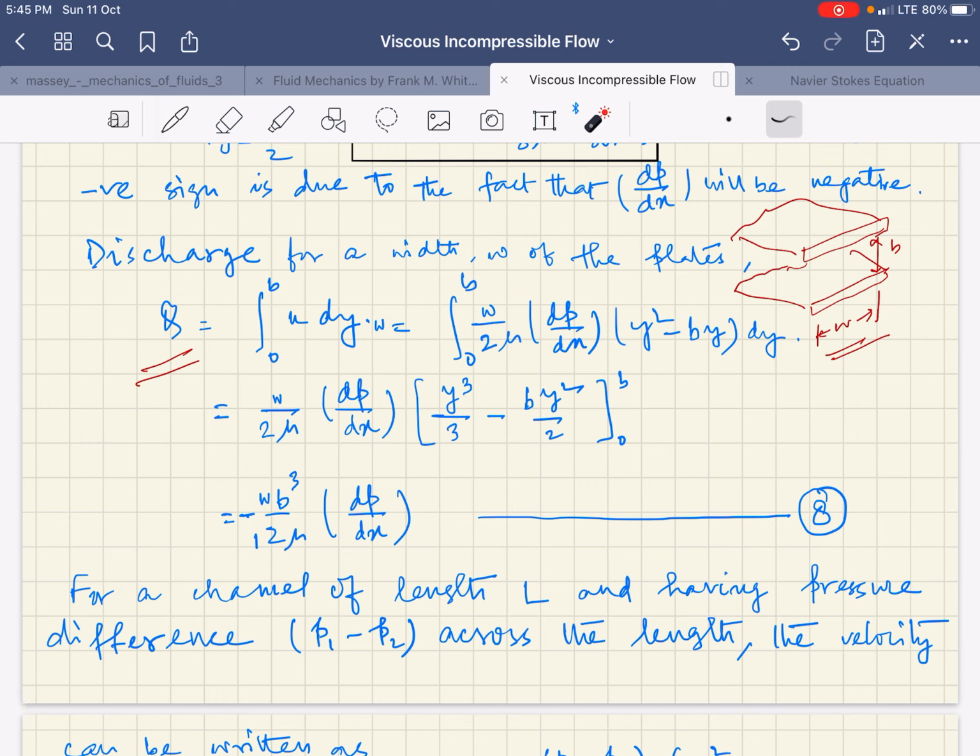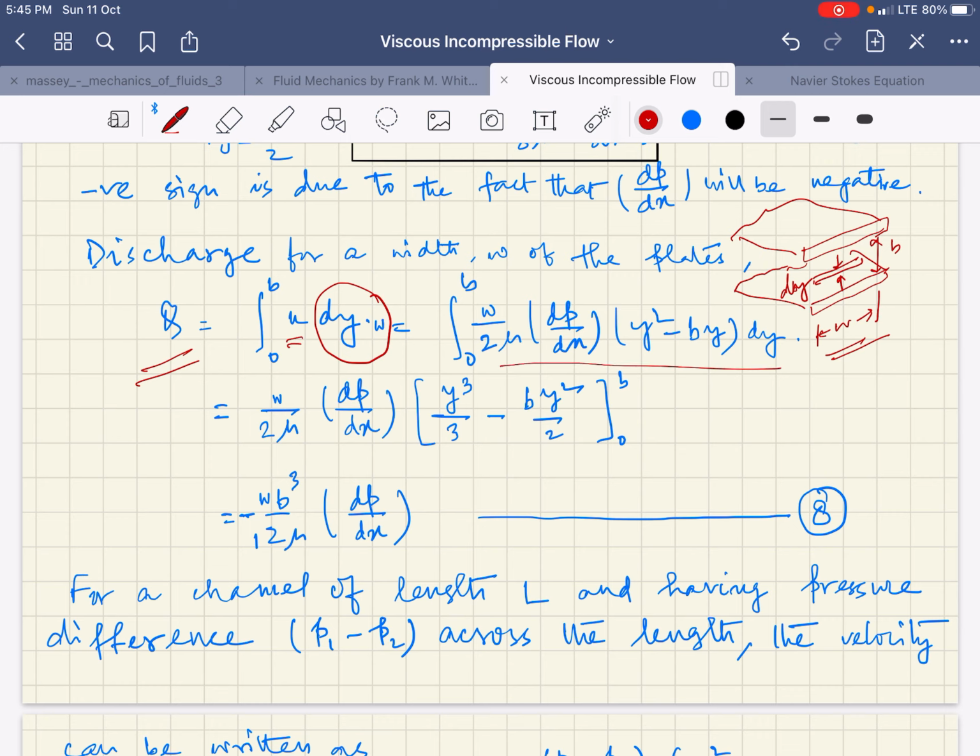It is u dy into w. You can consider an elemental strip of length dy and width w, so the elemental area is w dy. If you put the expression of u here, you get this thing.